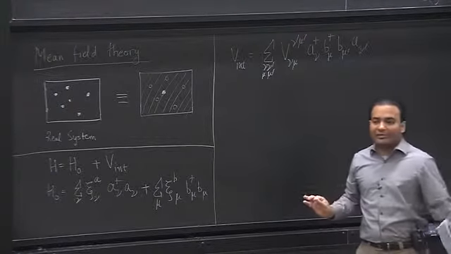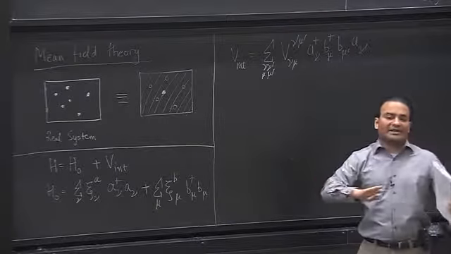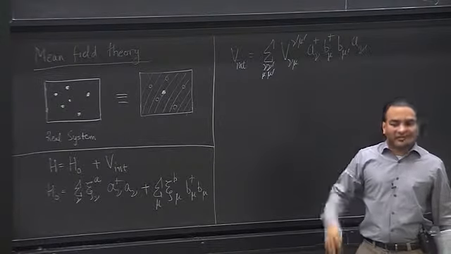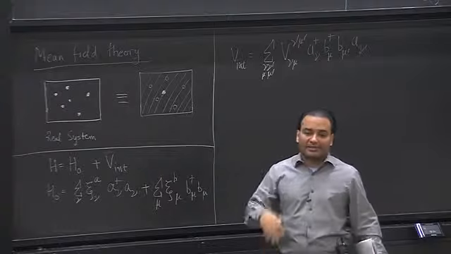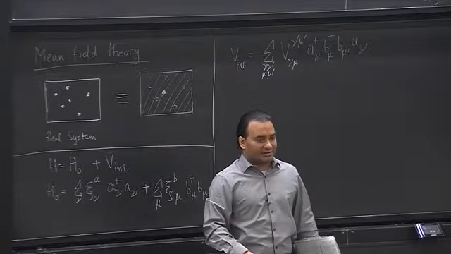So in this Hamiltonian, I've assumed a very special form of interaction, which is only interaction between A particles and B particles.